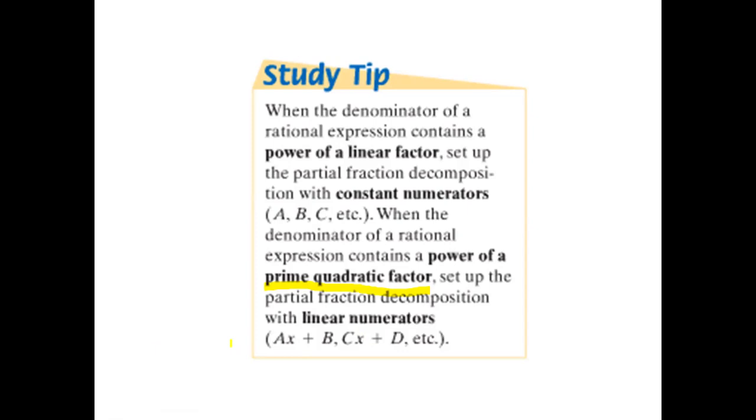And as such, you don't just simply write a on the numerator, but you write ax plus b. If you have another quadratic factor, then your numerator would be cx plus d. We only assign unknown constants, so constants without any variable, if our factors are linear. That is, your variable has an exponent equal to 1. Okay, so if it's a prime quadratic factor, this should be your numerator.